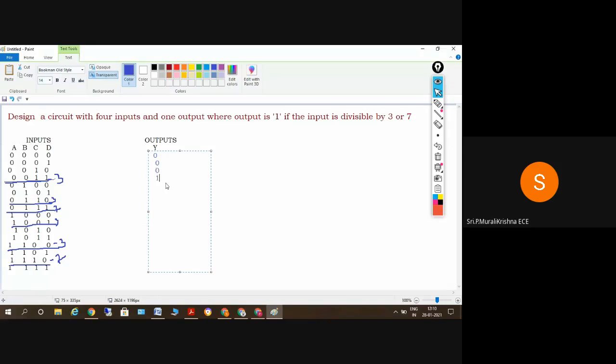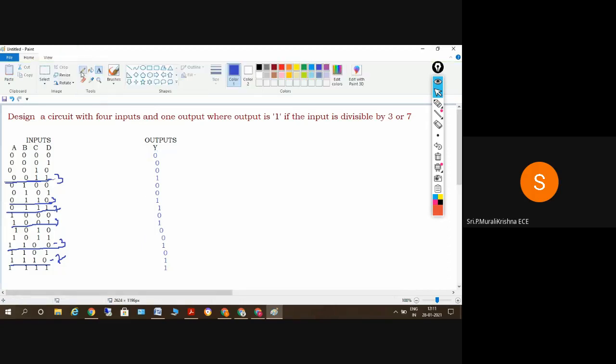Then 3 is 1, 4 and 5 are 0, 6 is 1, 7 is 1, 8 is 0, 9 is 1, 10 and 11 are 0, 12 is 1, 13 should be 0, 14 is 1, and 15 should be 0.